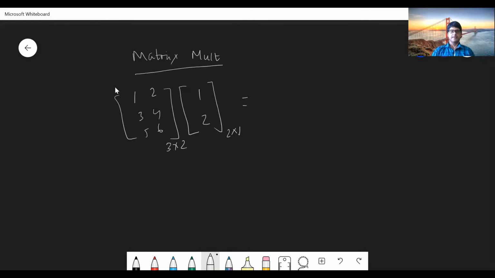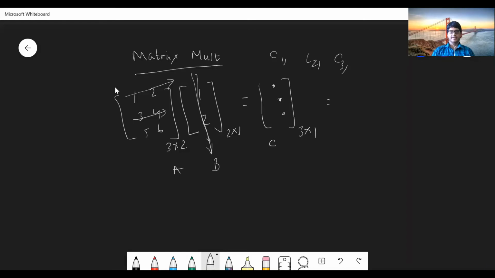If they're conformable, then you have to multiply the rows with the columns. The first row and first column would give you the first element, the resultant C11. Let the matrix be C, which is A times B. The second row and the first column is going to give you C21, and the third row and first column is going to give you C31. Fine. So this is going to be an output matrix, which is 3 cross 1.